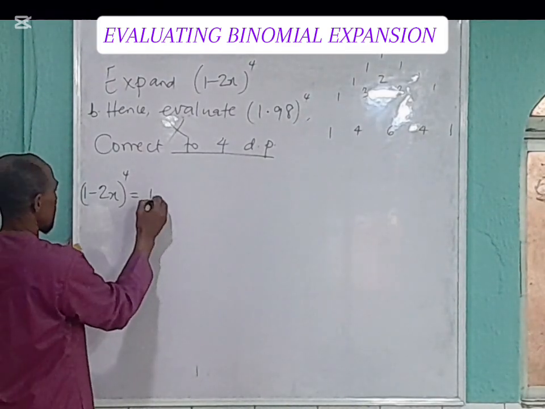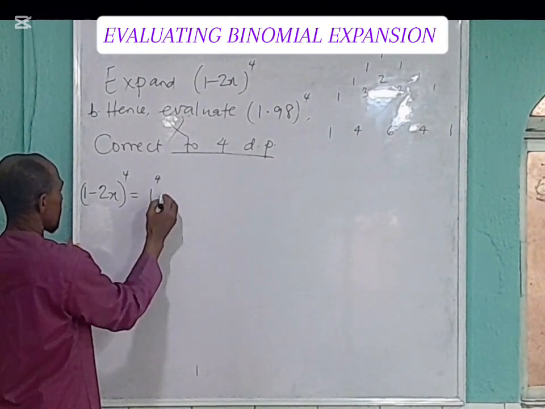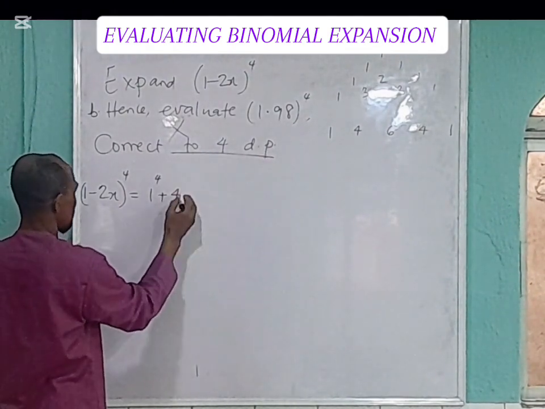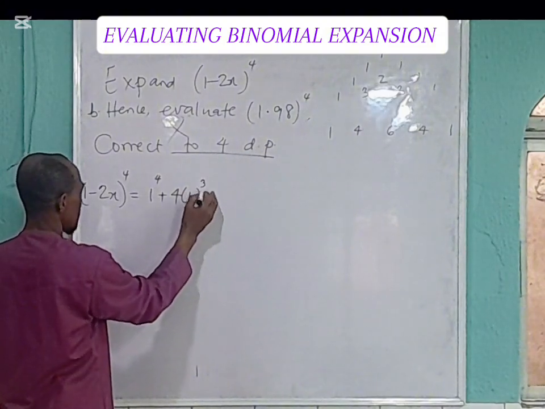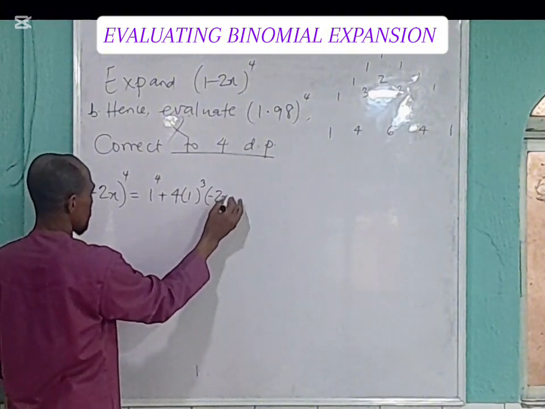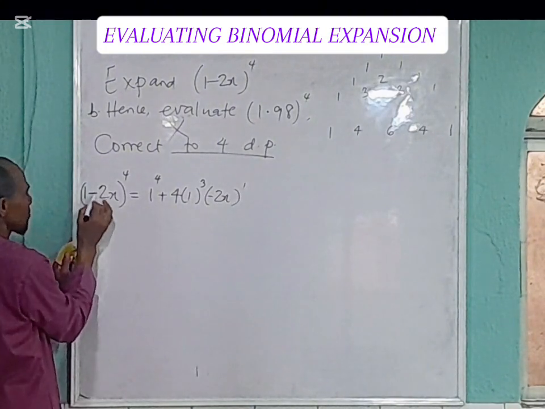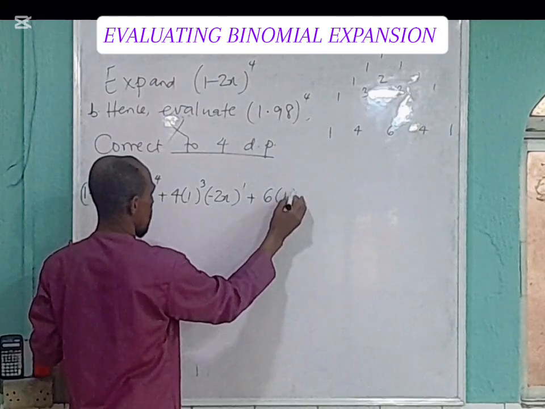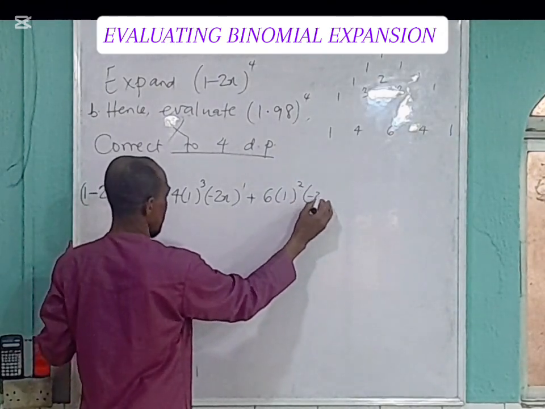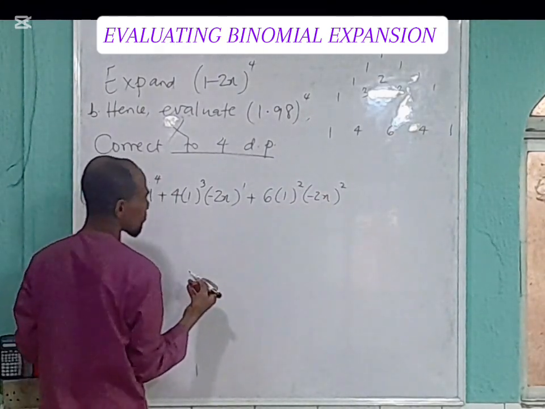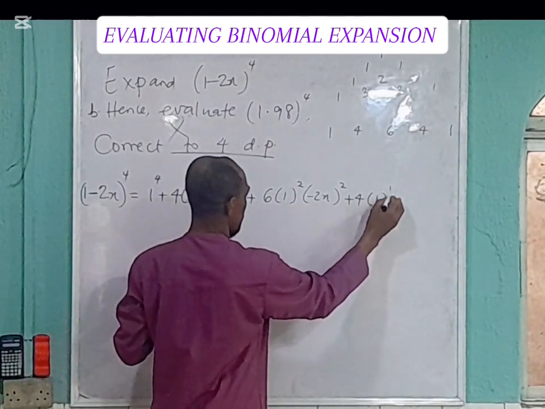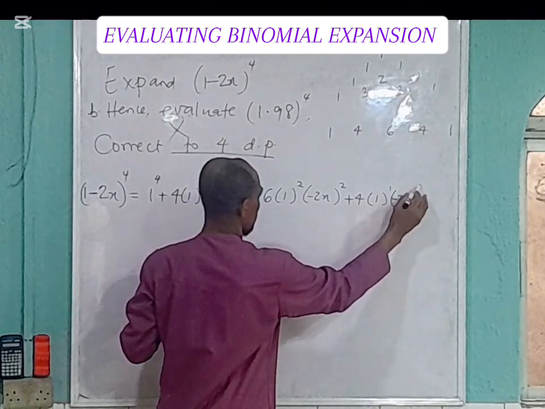So I'm going to have then 1 raised to power 4, then plus 4, that's the next coefficient, 1 power 3 this time around. Then take note of the sign minus there. Then I'm going to have 6, 1 squared, minus 2x power 2. Then 4, 1 is 1 here, minus 2x power 3.